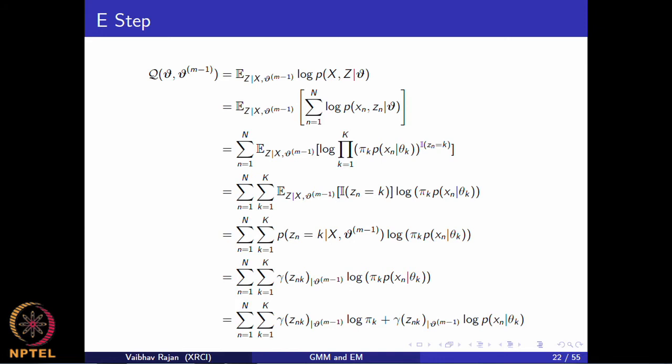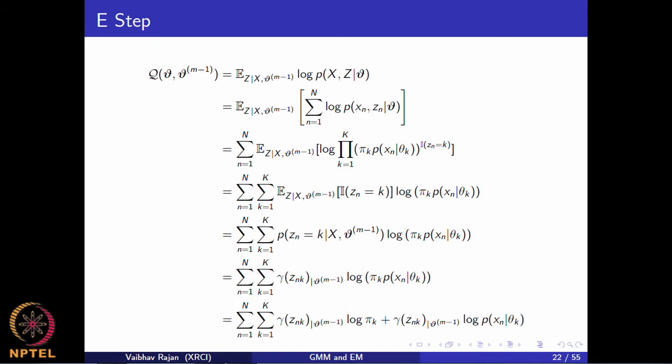Alright, so then after that the product becomes a sum when you take it outside the log, and the exponent comes down, and again the expectation can be brought inside by linearity. So, you get both the summations out, and with respect to the distribution of Z using the previously guessed parameters, this is just a constant.